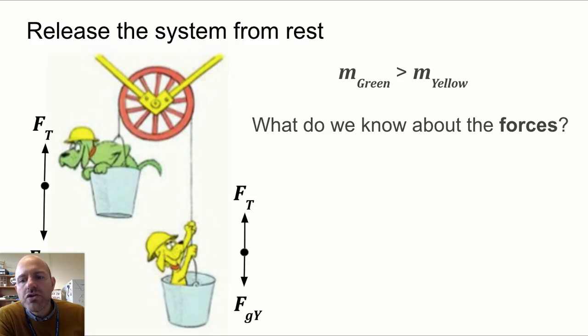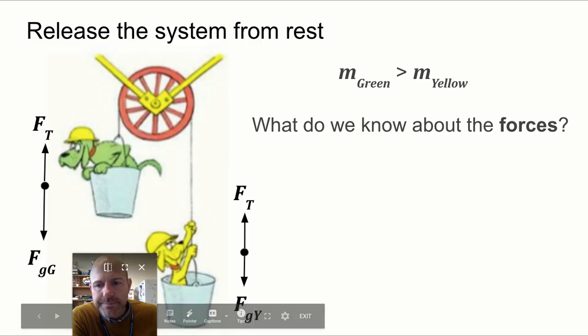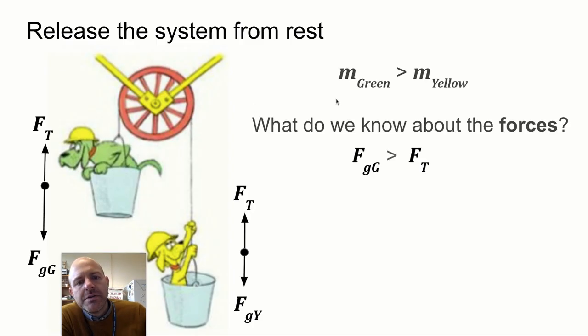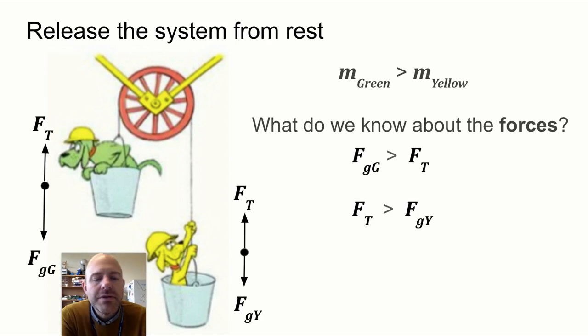If we were to draw our free body diagrams, we would see that both the green and yellow dog experience a downward gravitational force and an upward tension force. We know that the force of gravity on the green dog has to be greater than the force of tension because it accelerates down. We also know that the force of tension has to be bigger than the force of gravity on the yellow dog because the yellow dog accelerates up.